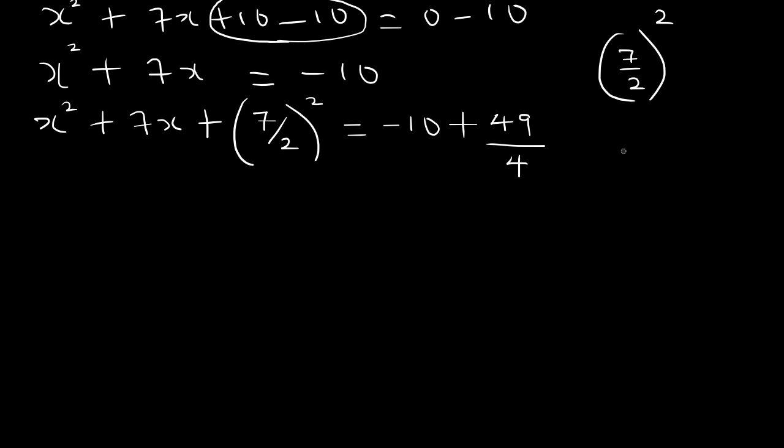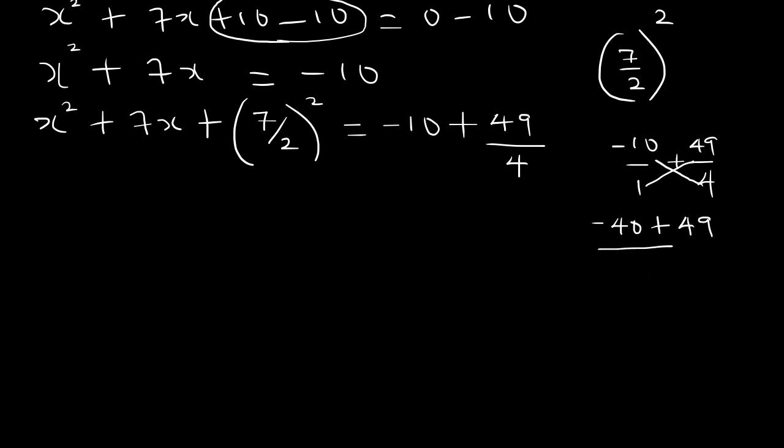So we'll bring the fraction: minus 10 over 1 plus 49 over 4. We'll use a very simple approach. We're going to cross multiply. 4 times minus 10 is minus 40. We have plus 1 times 49, which is 49.